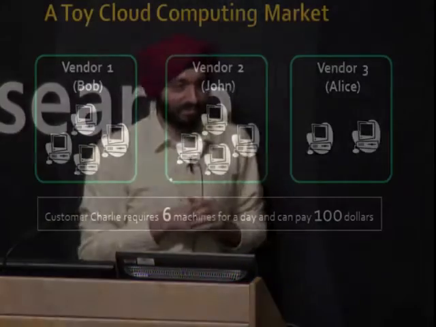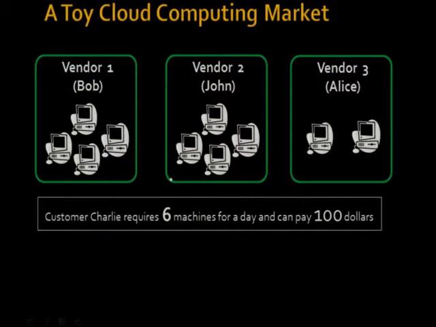Now suppose a customer, Charlie, comes in and says, I want 6 machines, and I can pay $100 for using them for 1 day. The question is, which vendors should collaborate, and how should they split the reward?